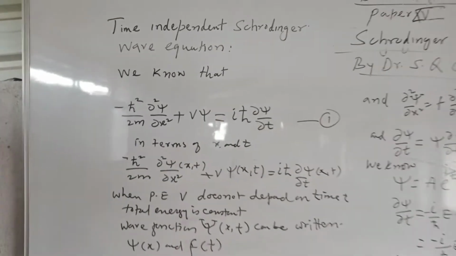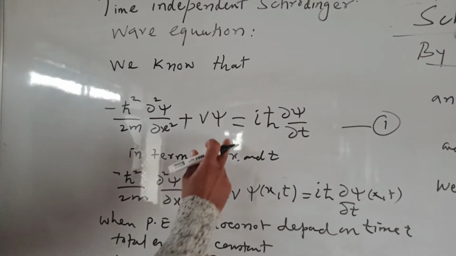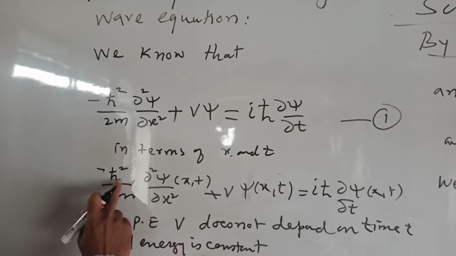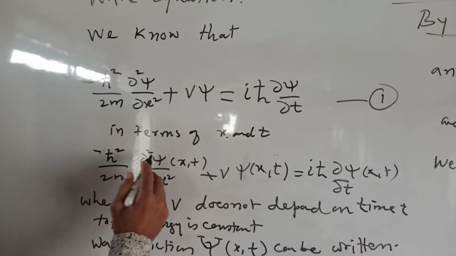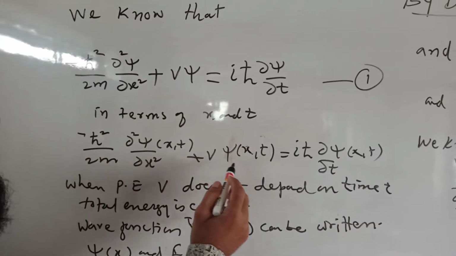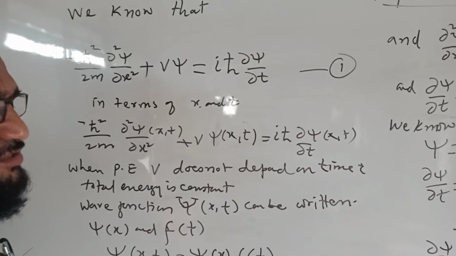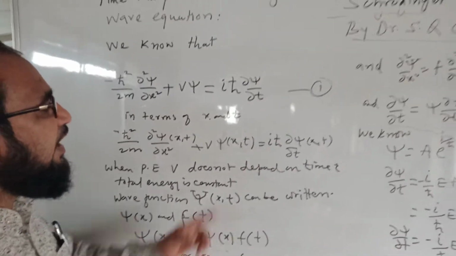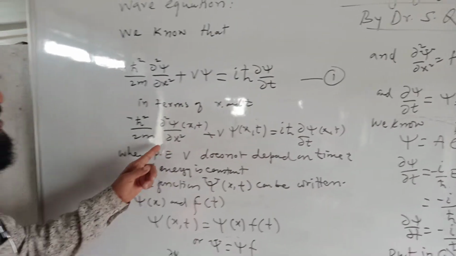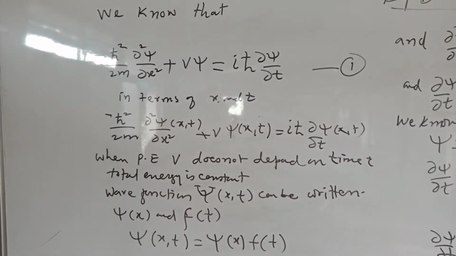In terms of x and t, this equation can be rewritten as minus h cross square upon 2m dou 2 psi by dou x square of x comma t, means the value of psi varies with the displacement and the time. So this equation will be in terms of x and t.